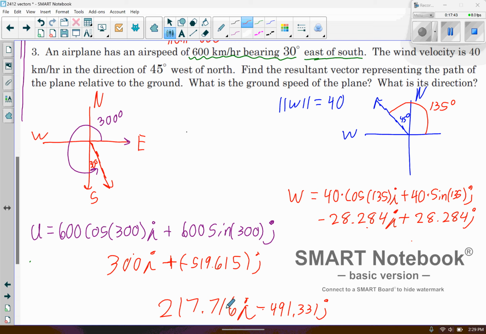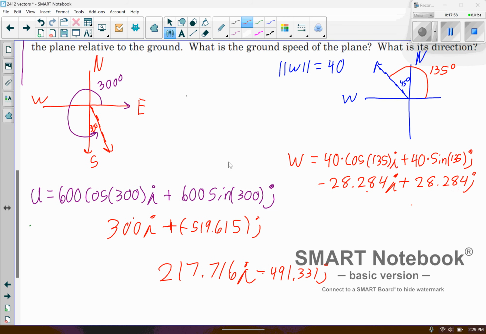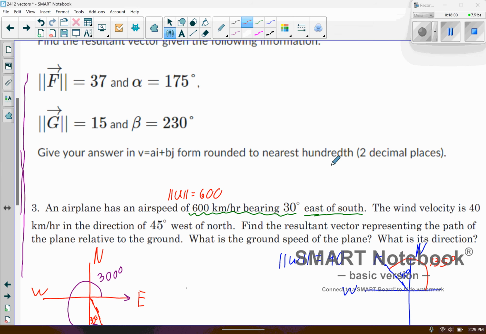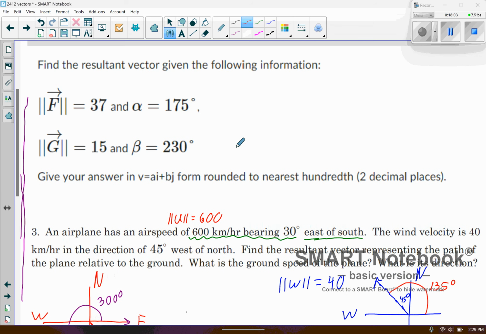So if I were to find the magnitude of this, it actually probably wouldn't be 600 because I'm getting pushed backwards as I'm flying. So we're flying into the wind, and so that's kind of what happened there. It's pushing me a little bit off course, but mostly I'm flying into the wind. So anyways, that's what they're looking for right here on this one.